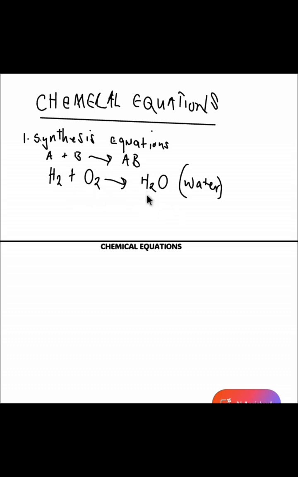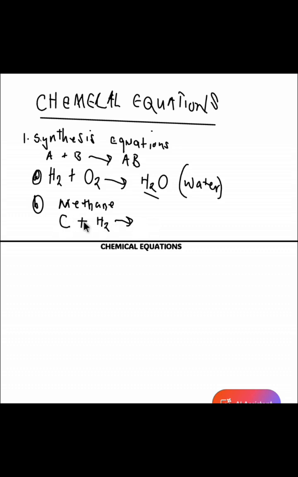This is example 1. The second example that we are going to look at is methane. Methane can also be formed. It has carbon reacting with hydrogen gas, so it's simply a matter of combining these two elements.